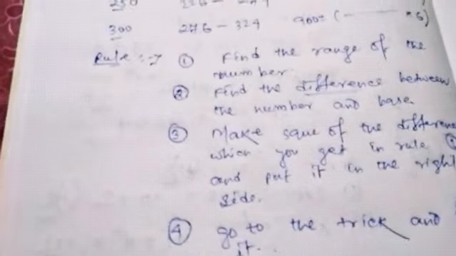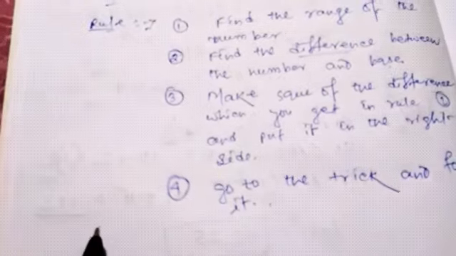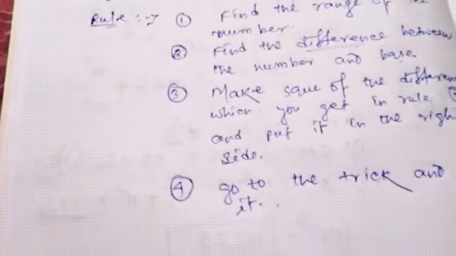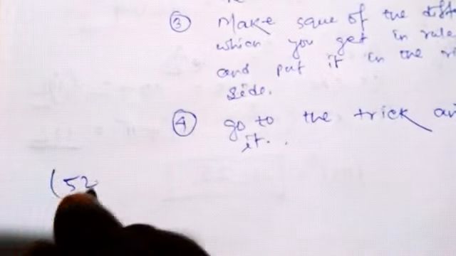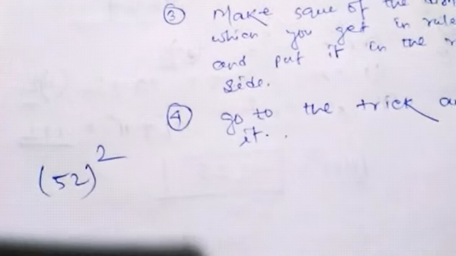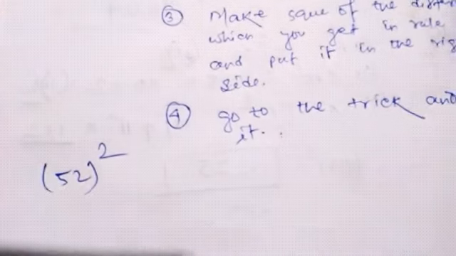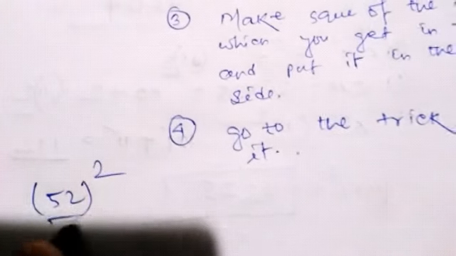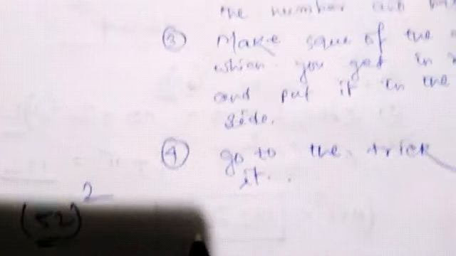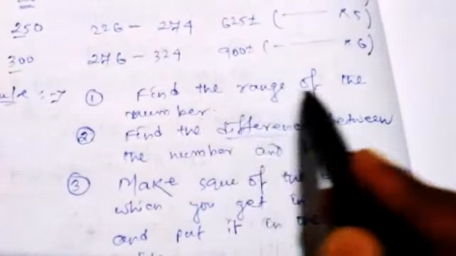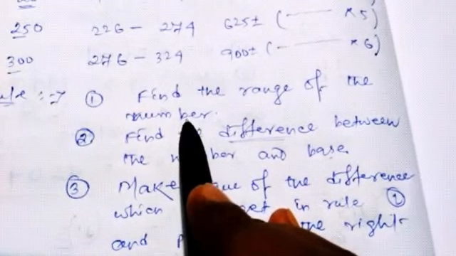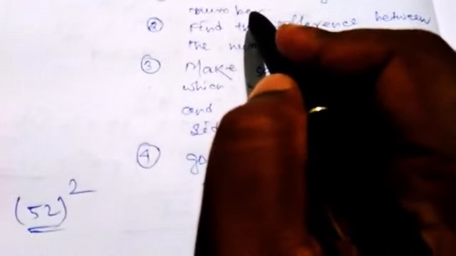Okay, now an explanation. Example. Let the number be 52. I want to make its square. From rule 1, find the range of the number. I have taken 52.